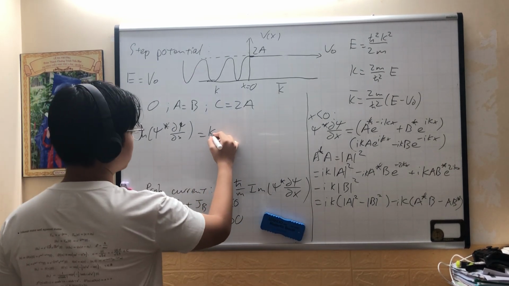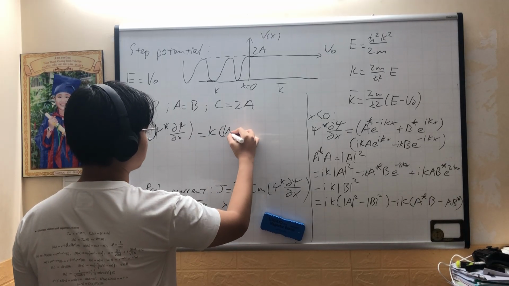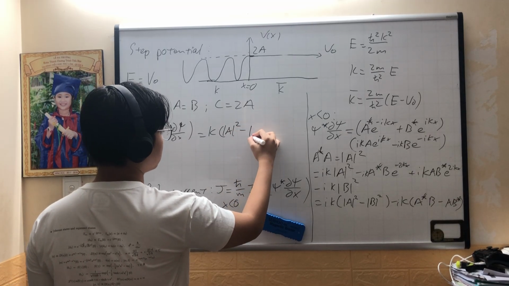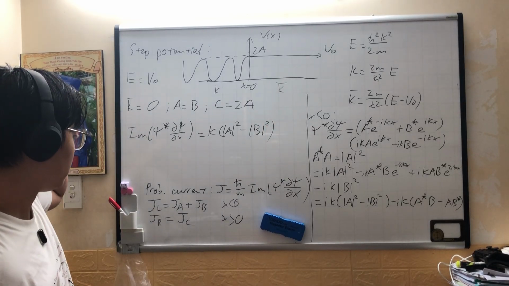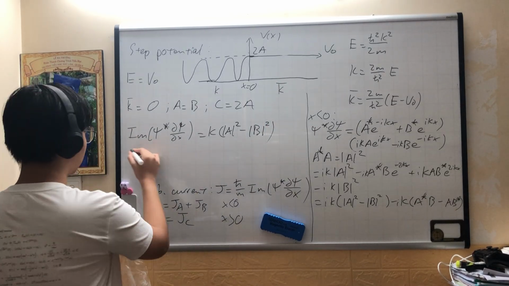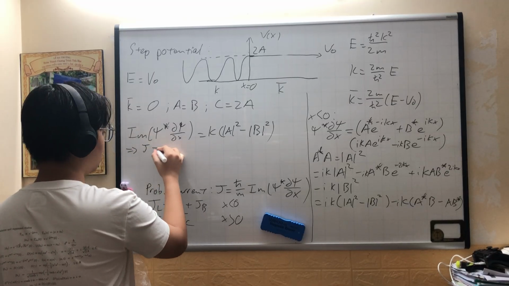So that equals k times the absolute value of A squared minus the absolute value of B squared.